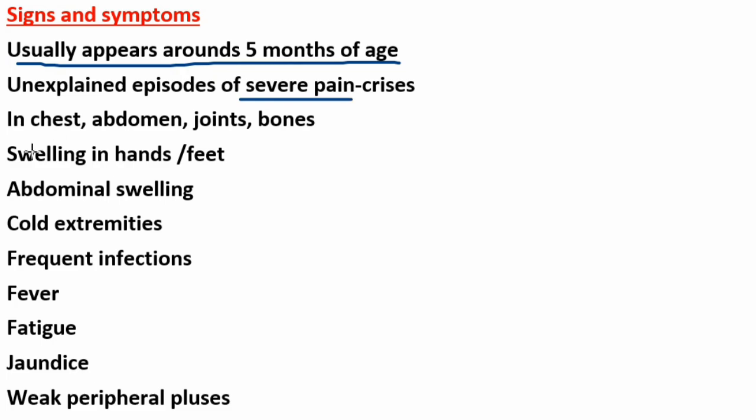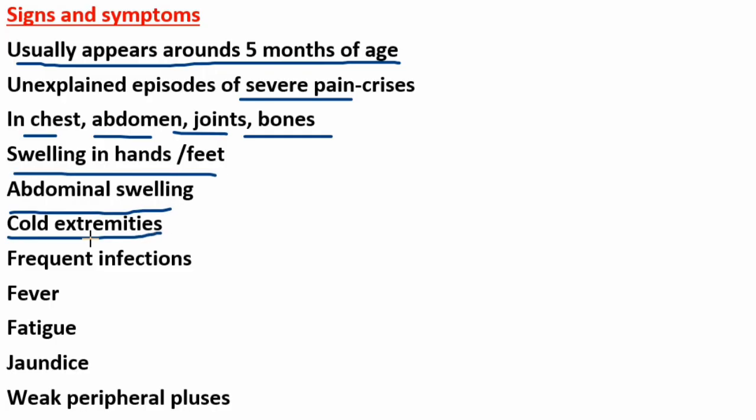Unexplained episodes of severe pain in chest, abdomen, joints, bones, swelling in feet or hands, abdominal swelling, cold extremities, frequent infection, fever, fatigue, jaundice, and weak peripheral pulse.